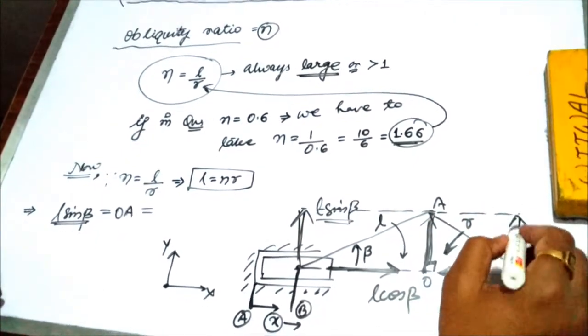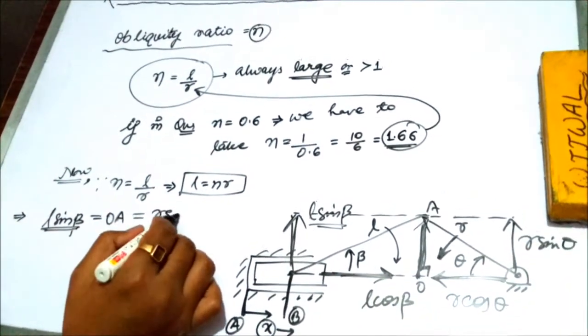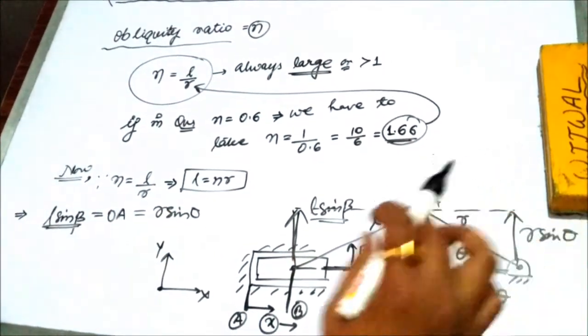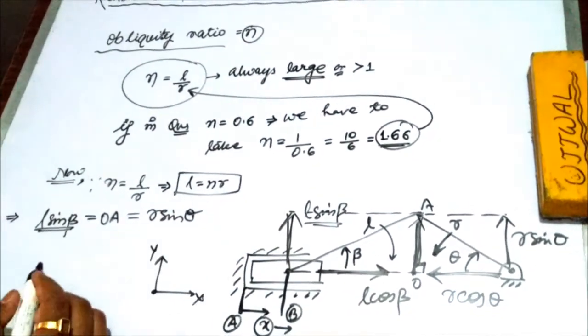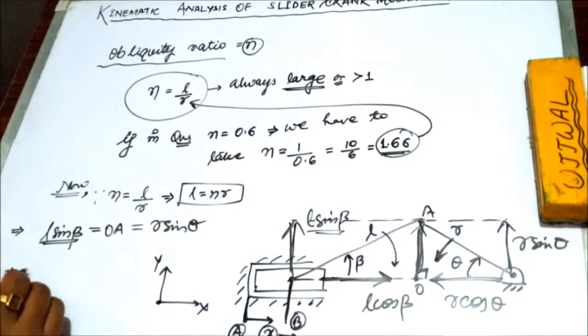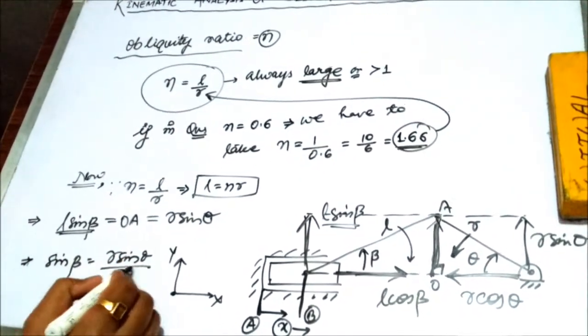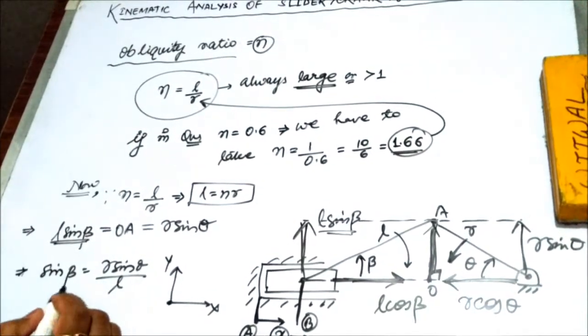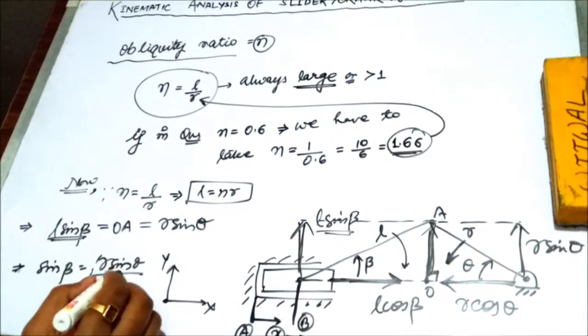Now OA is equal to the component of the crank radius r on the x axis, which is r cos theta, and this perpendicular is r sin theta. So L sin beta is equal to r sin theta.